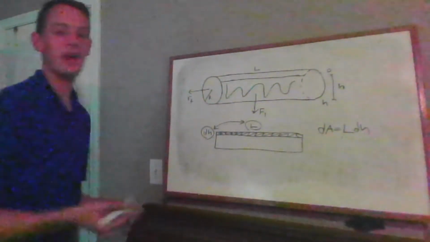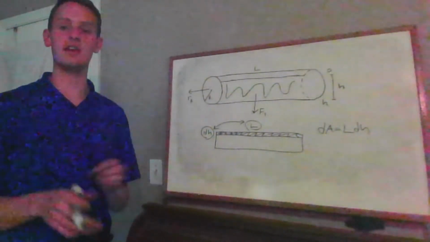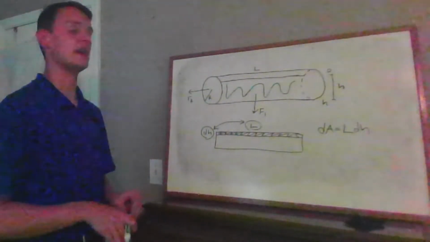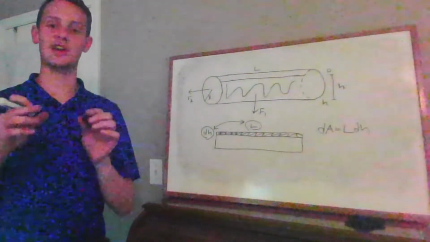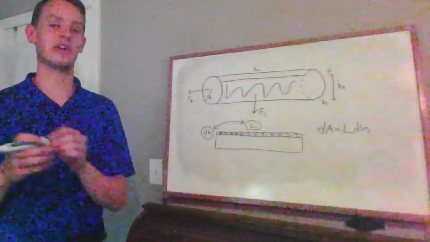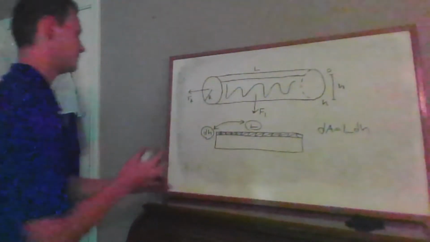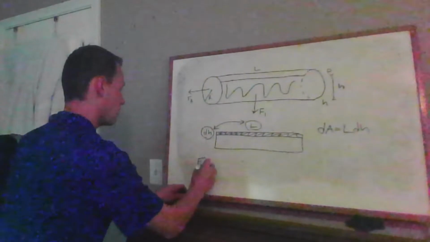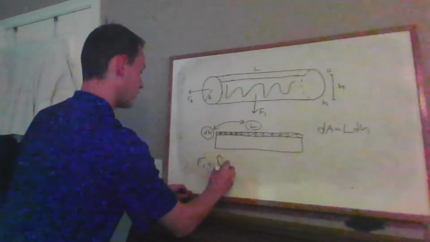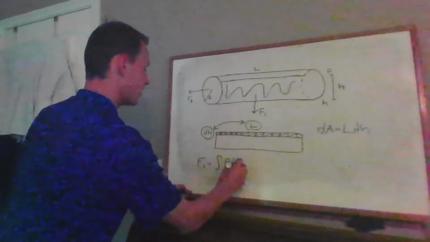And we know that the total horizontal force is going to be a sum of pressure times area products, so basically, we would express that as an integral here. So we would have F1 equals the integral of some pressure multiplied by these differential areas.